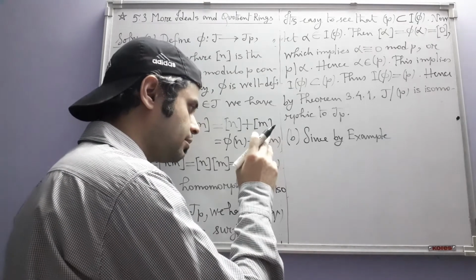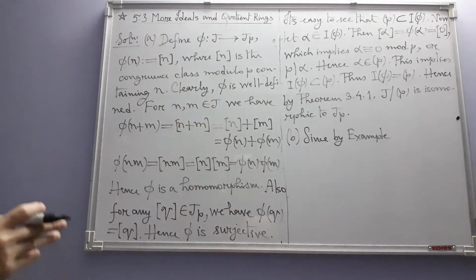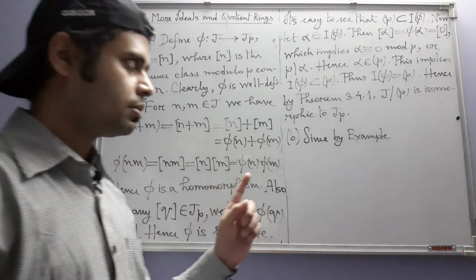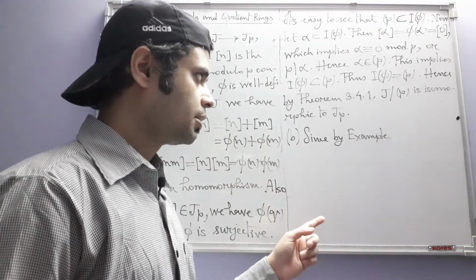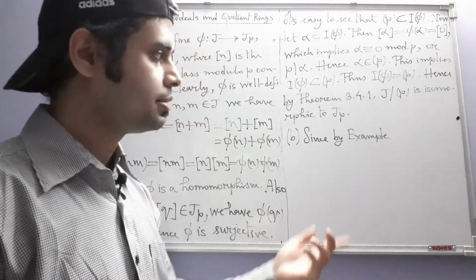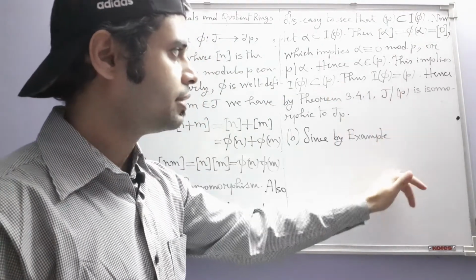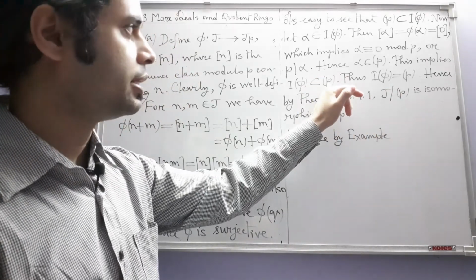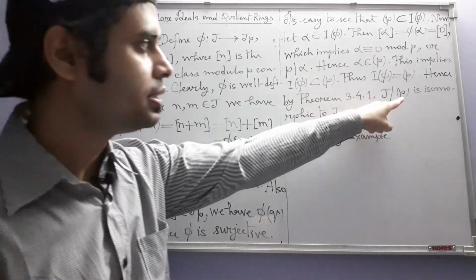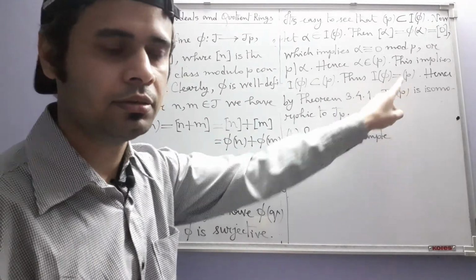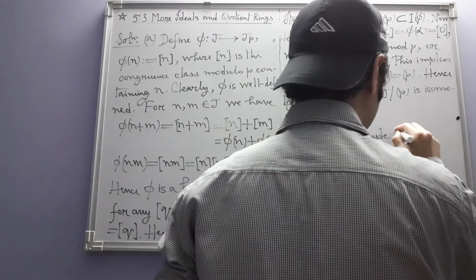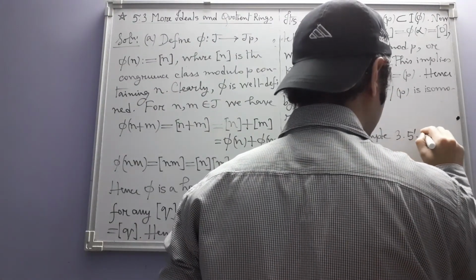So in that first example, we have seen that the maximal ideals in the ring of integers are the ones generated by prime numbers. So this is a maximal ideal, this p, and that was example 351.